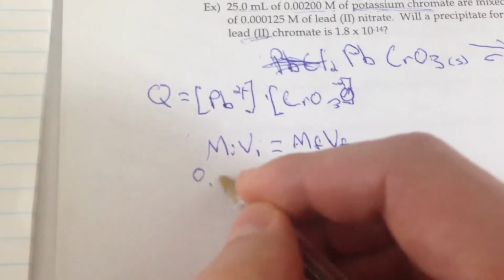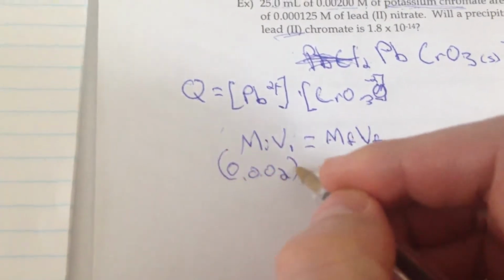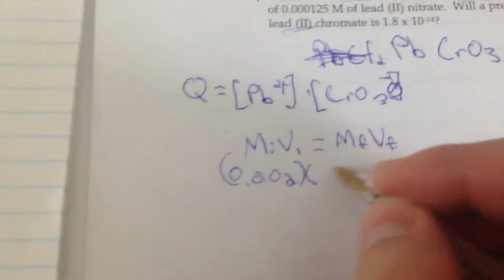Our initial molarity was 0.002. Our initial volume, remember volume has to be in liters. Here it's in milliliters.